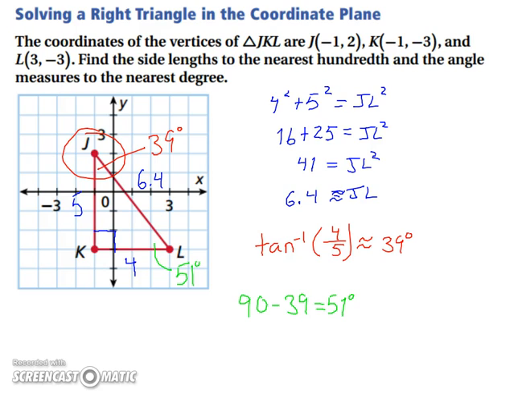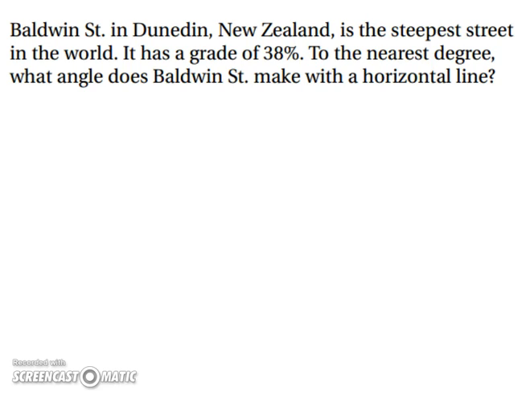Let's try doing a real world application. Baldwin Street in Dunedin, New Zealand is the steepest street in the world. It has a grade of 38%. To the nearest degree, what angle does Baldwin Street make with a horizontal line? Well, let's start with drawing in our Baldwin Street here.